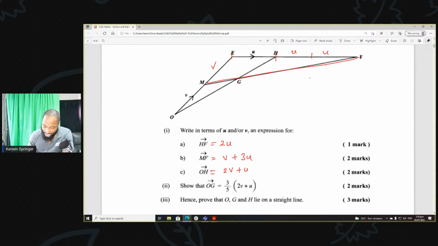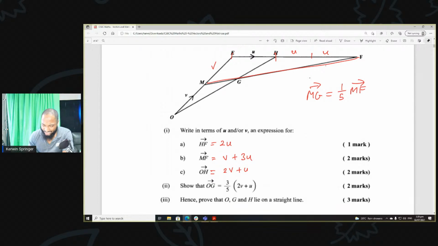They're basically asking you to find what OG is. To find OG, we'll go from O to M, which we know is V, and then we need to go from M to G. M to G was 1/5 of the journey of M to F. That's what they gave us.